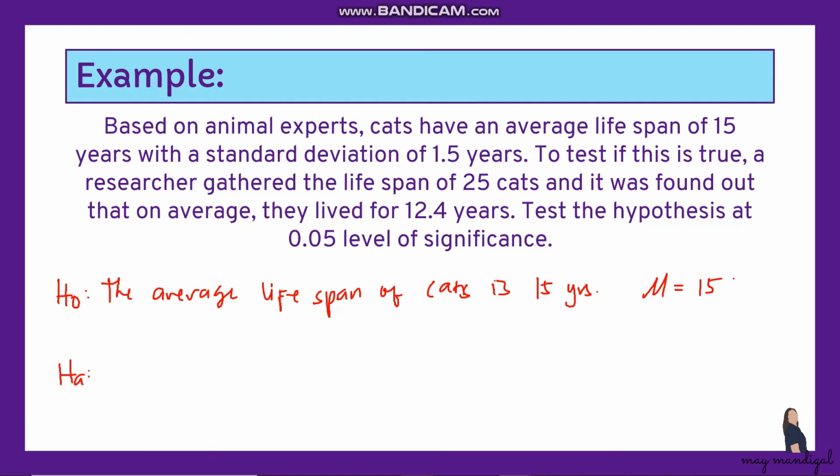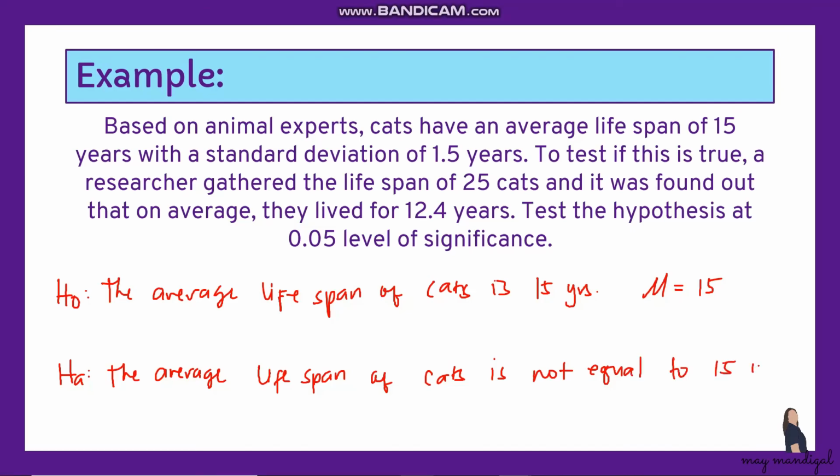For our alternative hypothesis, since we want to test if this is really true, we can just write the average lifespan of cats is not equal to 15 years.